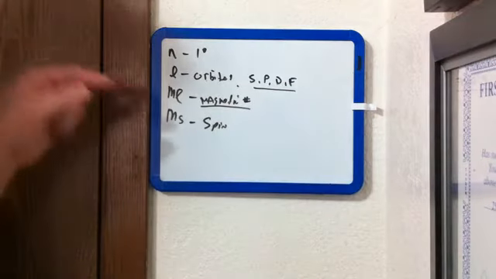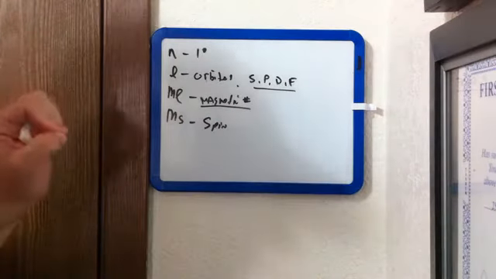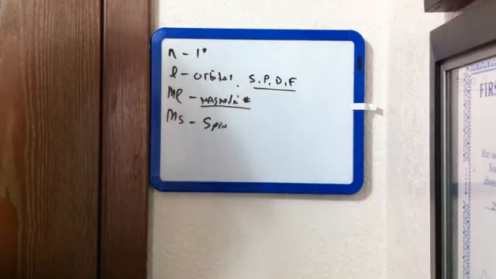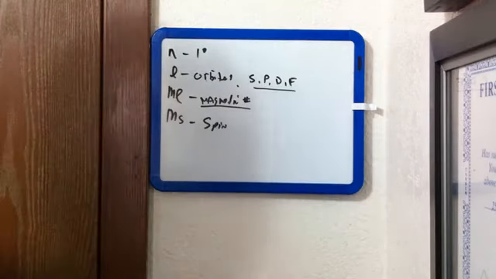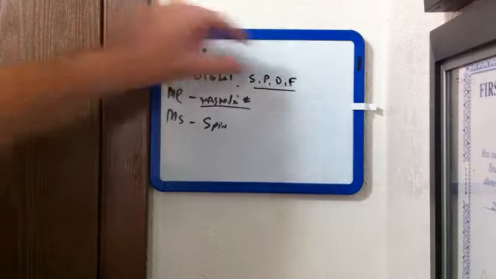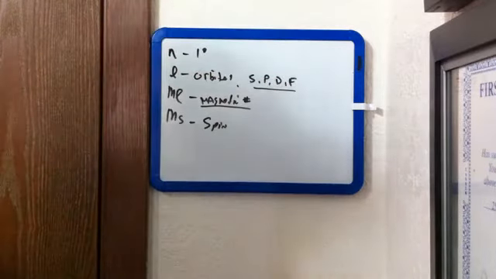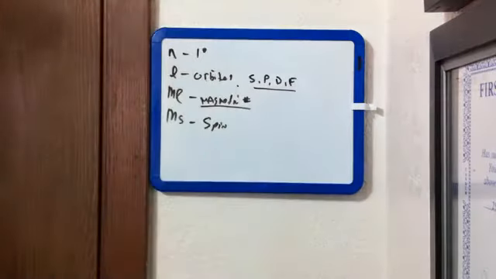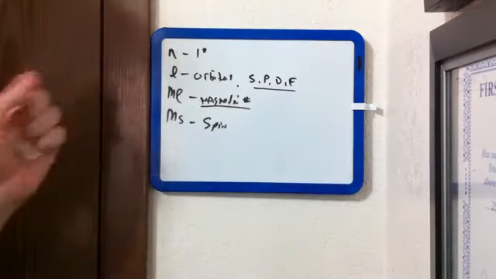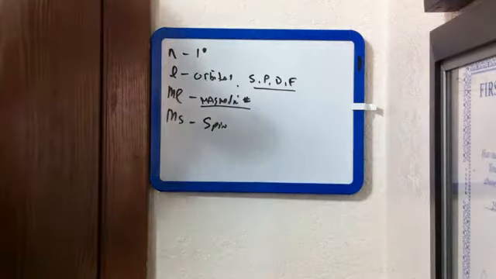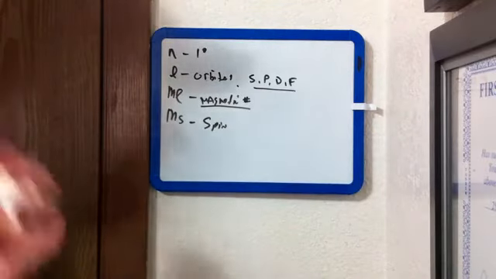So yes, the M sub L, the magnetic number, can tell us about the shape of the orbital, but not always. The L number tells us what type of orbital we're dealing with, and those different orbitals can take on very strange shapes. But what M sub L really deals with is the magnetic orientation of an orbital.